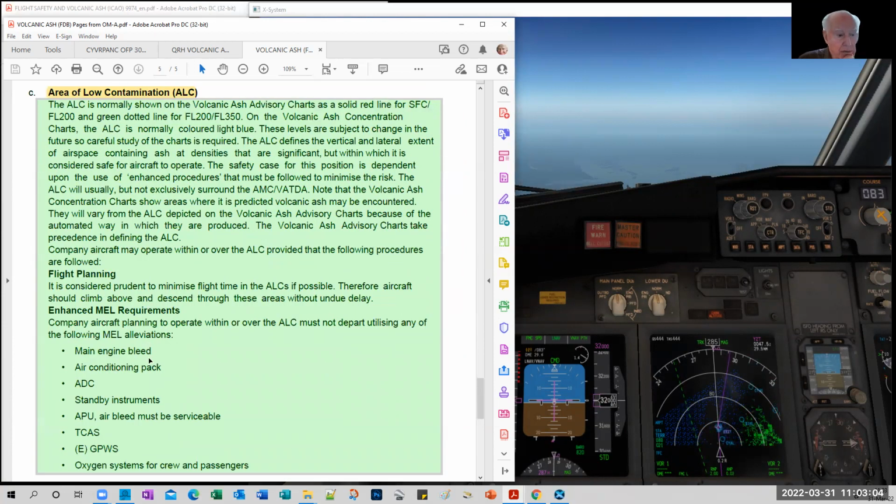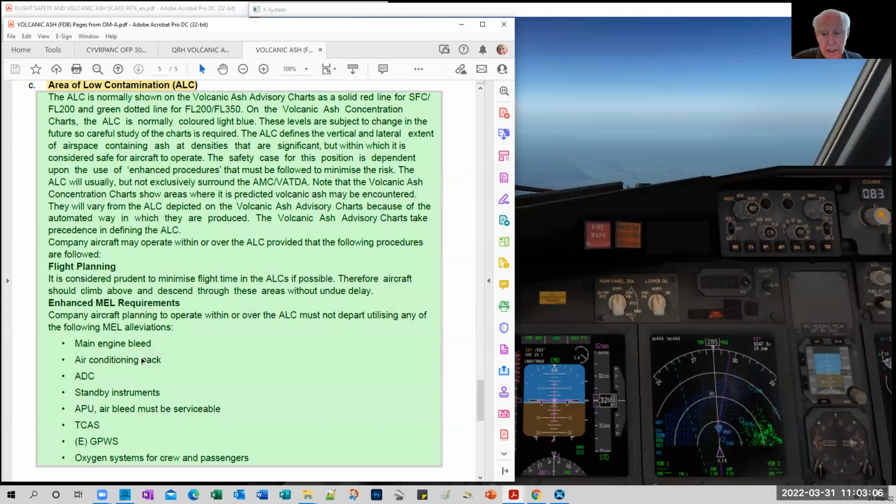And then there is the area of low contamination, and flight level 200 in green dotted lines for flight level 200 and flight level 350 on the advisory charts. So this is information that you want to consume and be well-informed, especially in flight planning.